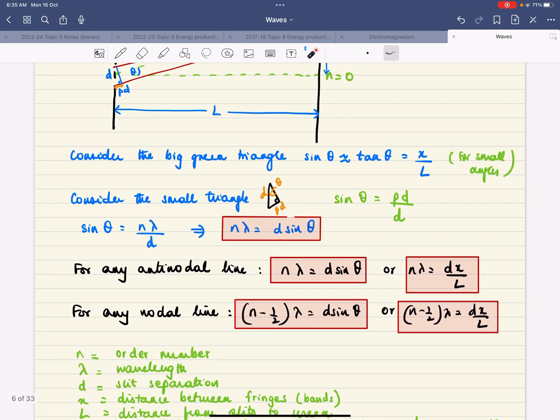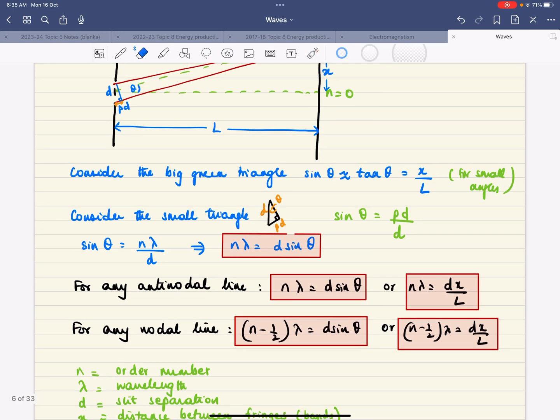Now, we know that path difference is n lambda. So in place of path difference, you put n lambda over d. So if you rearrange it, you get n lambda is d sine theta. So the formula for any antinodal line is n lambda is d sine theta.